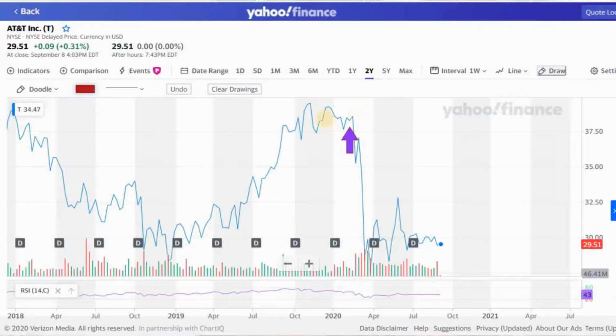There's a big drop and that kind of ruined the pattern. But one advantage of this is to go look at what the company's share price was doing just before the pandemic hit. Because if it was climbing and growing, it means this company was doing something right. They were onto something, and then the pandemic came and knocked it down. But that doesn't mean the company can't do what they did before.